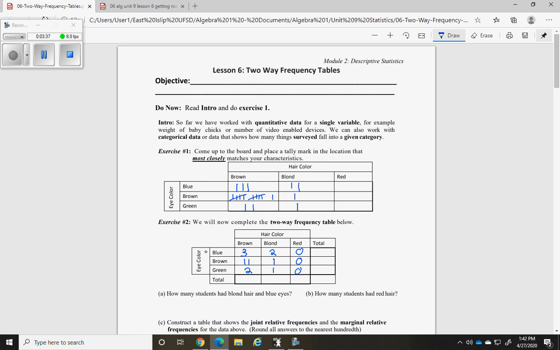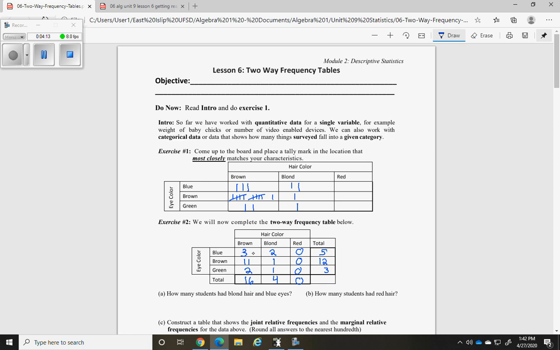So when we do the total horizontally across, I'm really finding the total people who had blue eyes, then the total number of people who had brown eyes, and the total number of people who had green eyes. When I do my totals going vertically, now this is the total number of people who had brown hair, and the total number of people who had blonde hair, and the total number of people who had red hair.